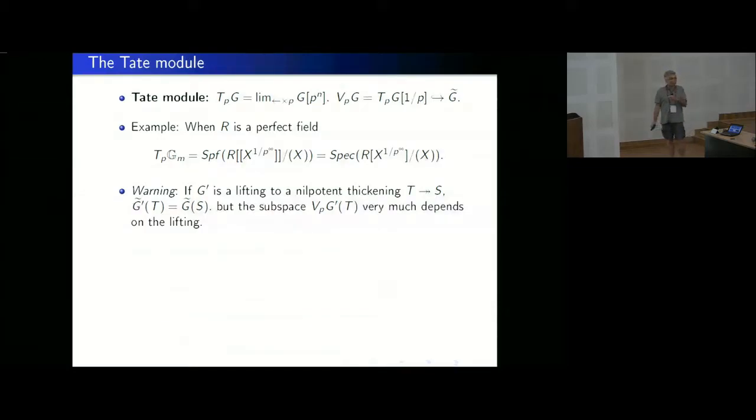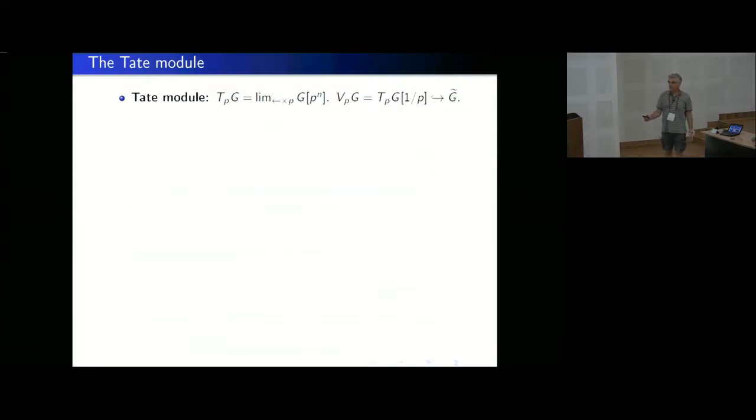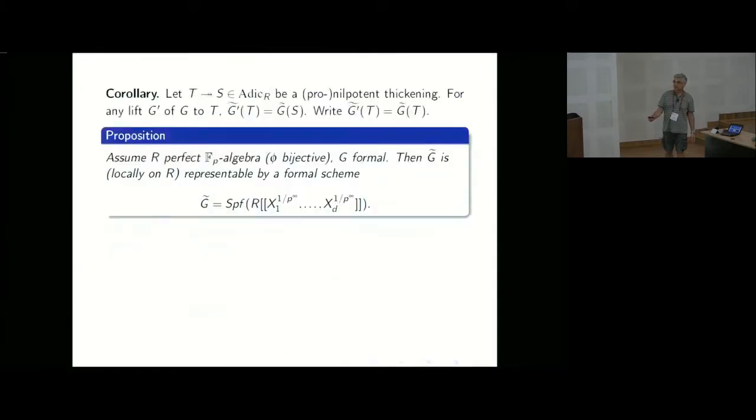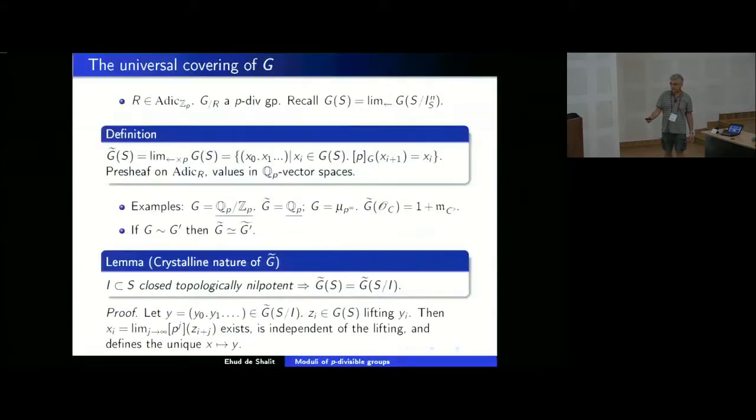If you try to imitate the proof that I had here, at the end of the slide, it will fail because you will not be able to lift a p^n torsion point to a p^n torsion point. The whole formal group is formally smooth, not the p^n torsion.